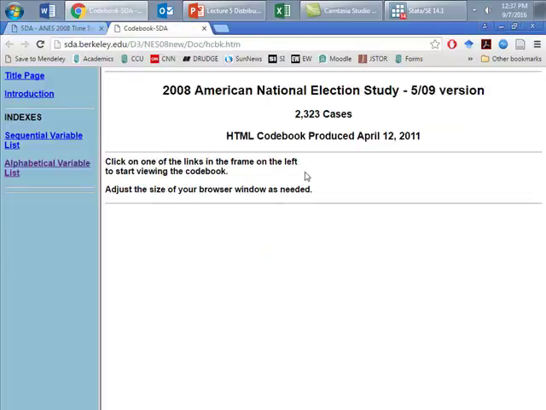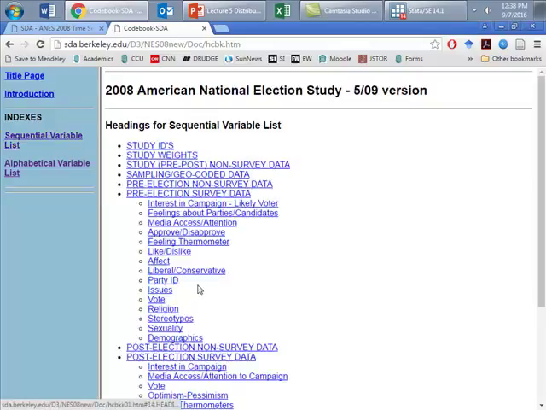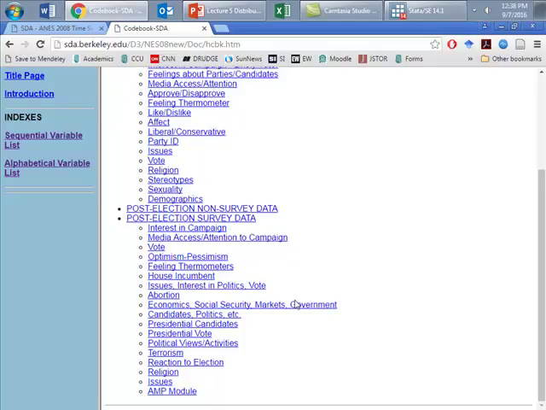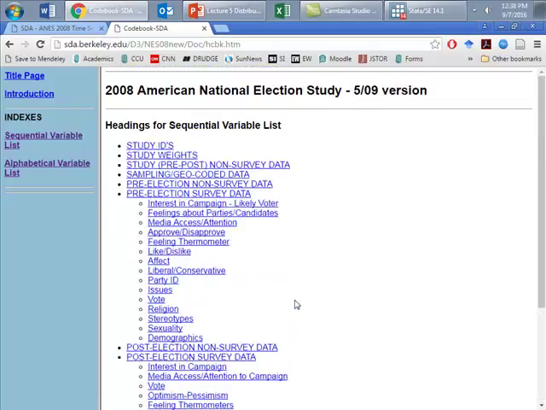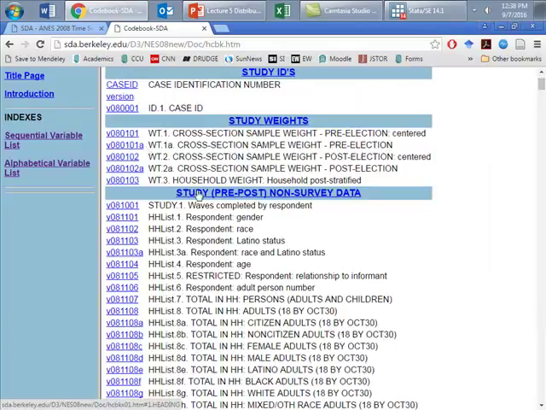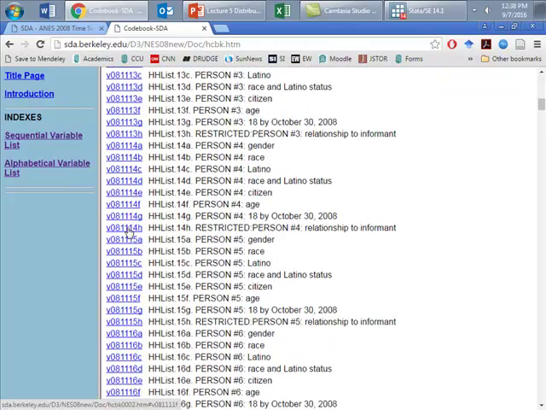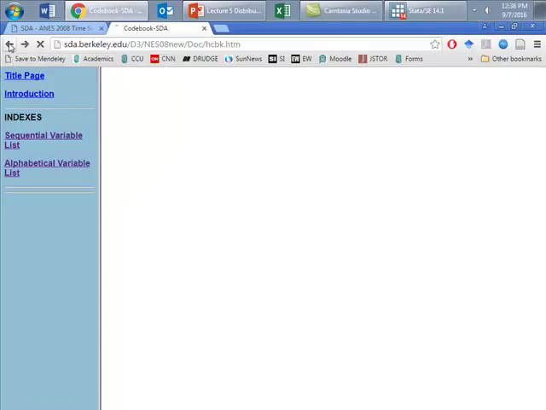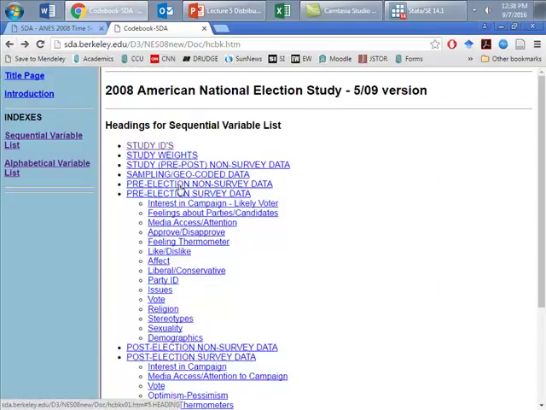So I'm going to open the code book. Okay. And here's the code book, and I need to find something that gives me information about the respondents. Here we go. Non-survey data. Let's go back. Study weight, sampling, free election, survey data. Maybe I should have searched.